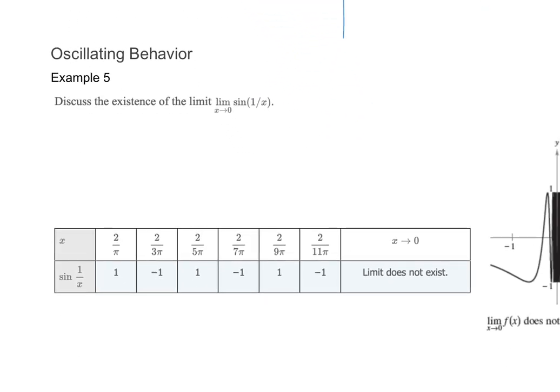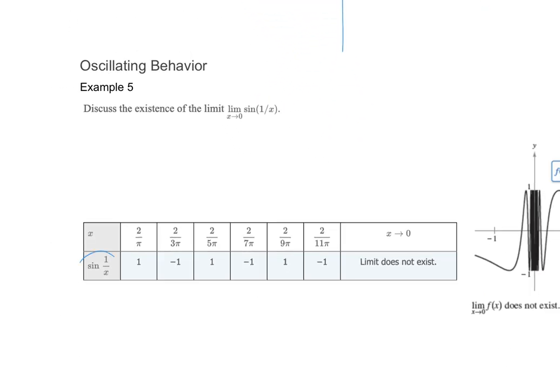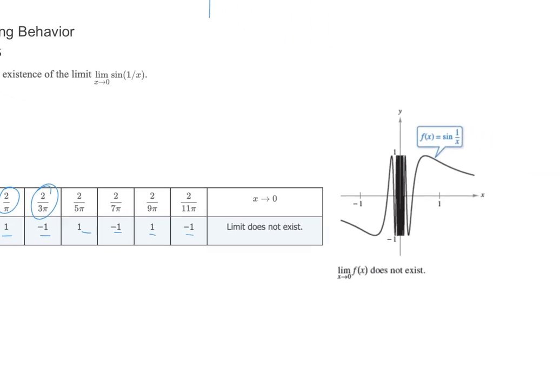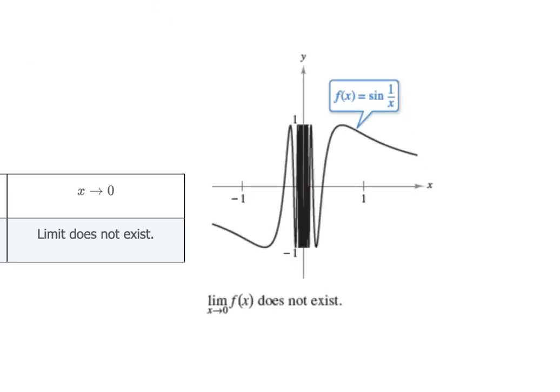Oscillating behavior. So here we have the function sine of 1 over x. And we have 2 over pi, 2 over 3 pi, 2 over 5 pi. And so you notice that this is switching between 1 and -1 very quickly. And this is the graph.